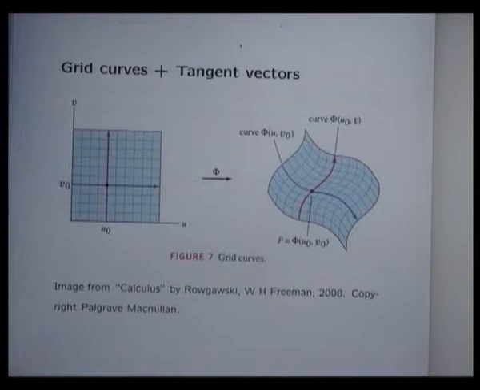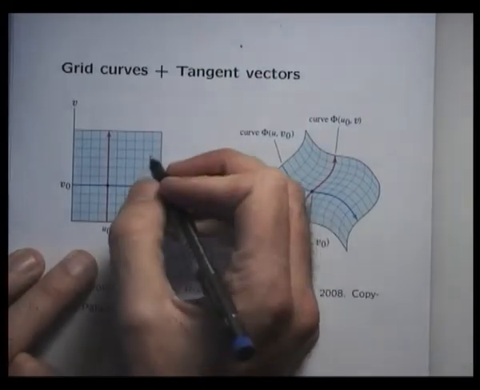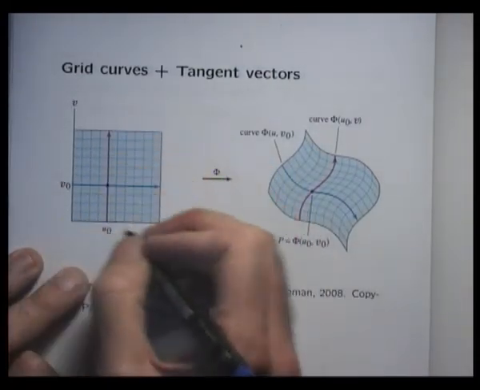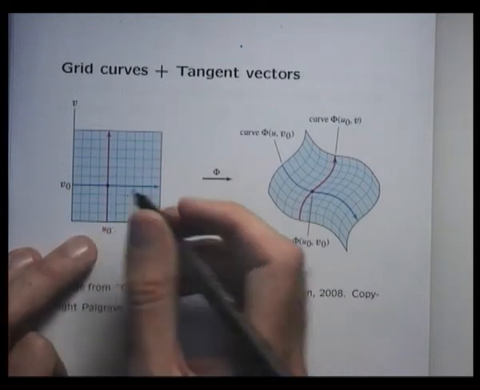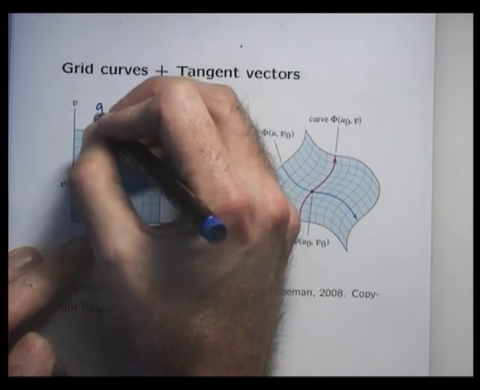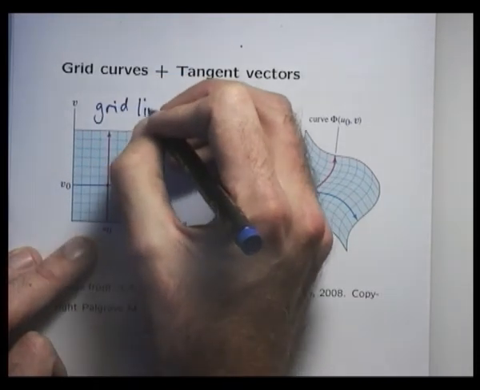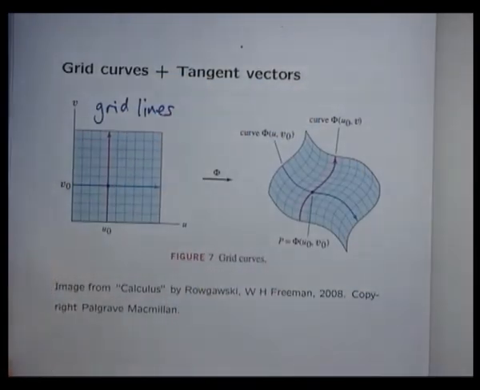To do that, we introduce something called grid lines and grid curves. So you can think of this as the parameter domain of your parameterization, and each of these lines is called a grid line.